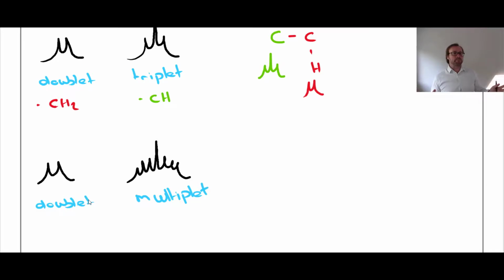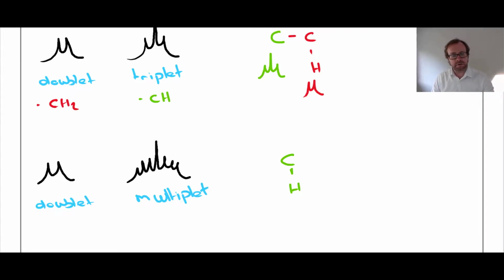So if I've got a doublet and a multiplet together, it probably means, well, if I've got a doublet, I know that there must be a CH somewhere. If I've got a multiplet, that means that I have a carbon with one hydrogen next to a carbon that has lots of protons in a neighbouring carbon.